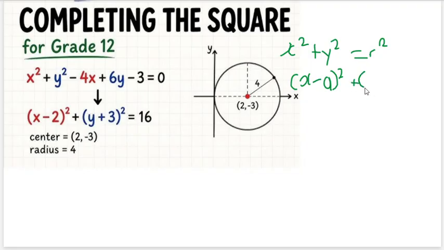When the center is flying everywhere, whatever they give us, we're going to see it and then solve from there. Now remember that sometimes they can give us the equation like this.